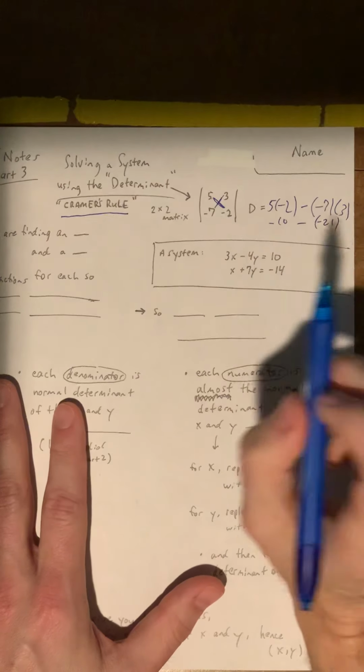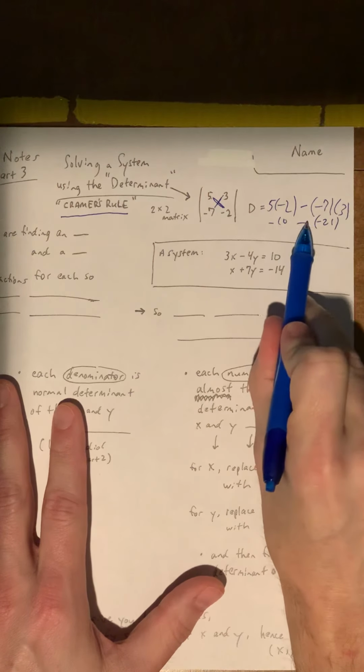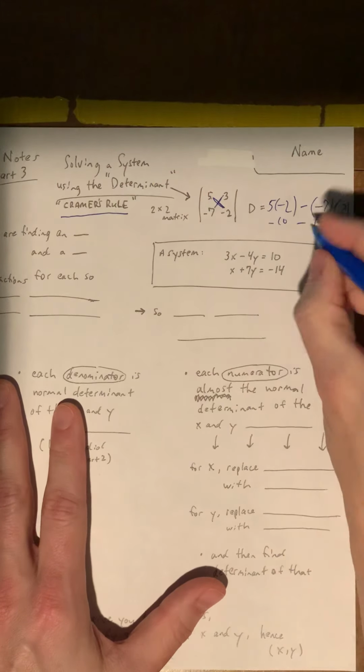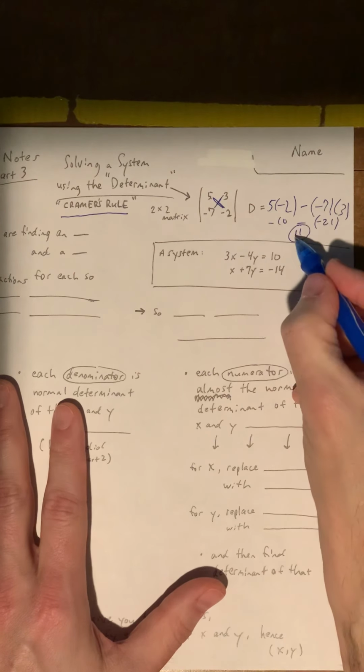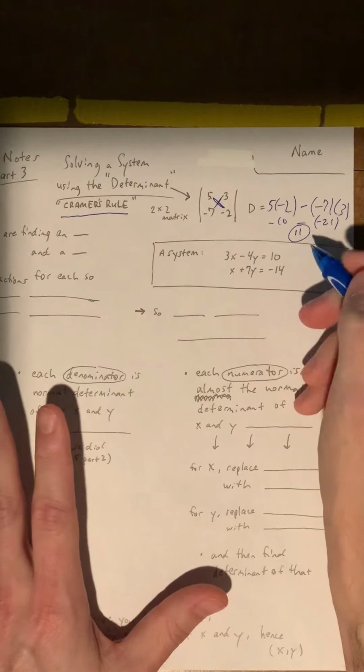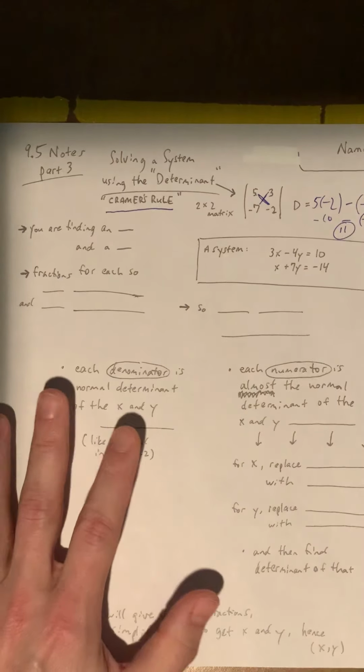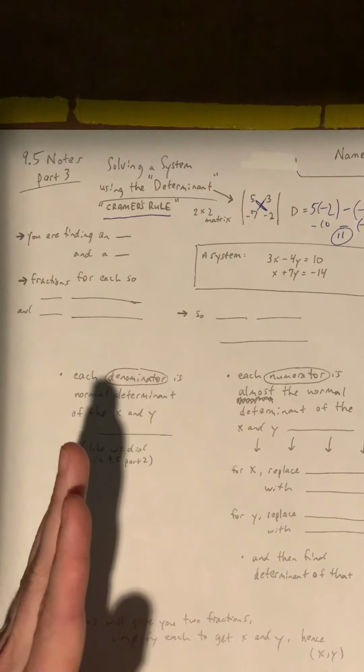And you subtract those. So -10 minus -21 is +11. So the determinant of that matrix would be +11. You always get a number. That's a quick review on how to find the determinant.